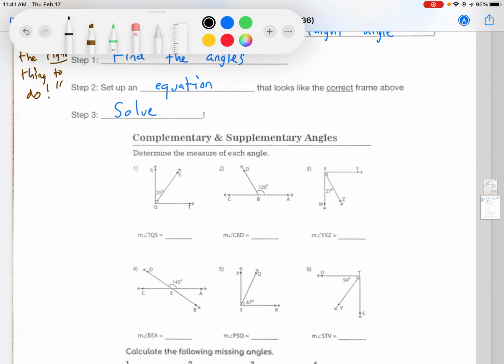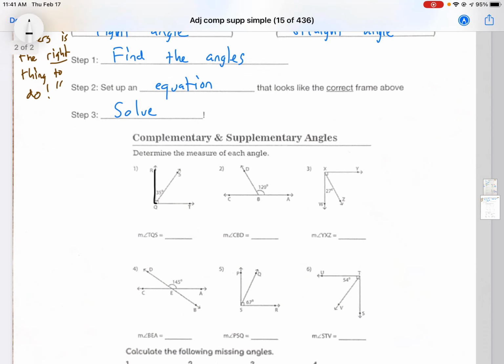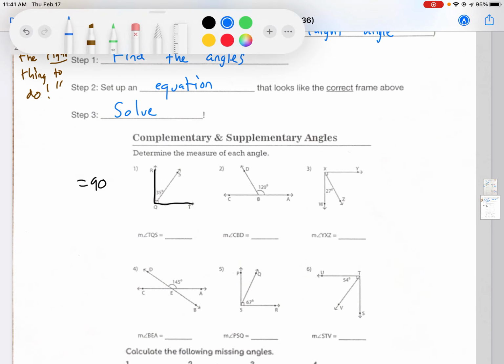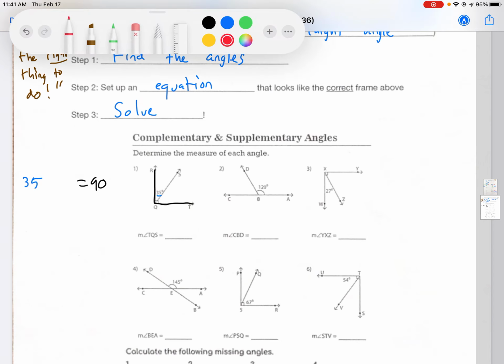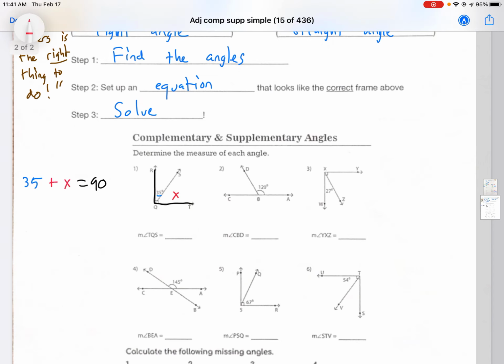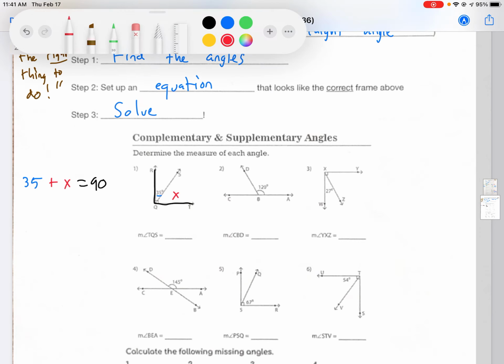So for number 1, my little box tells me that we have a right angle happening here. So my equation is going to have equals 90 in it. I'm given one angle as 35 degrees. The other angle I don't know, so I'm going to call it x. The 35 degrees small angle plus the x small angle that I don't know yet equals 90 degrees, the entire right angle.